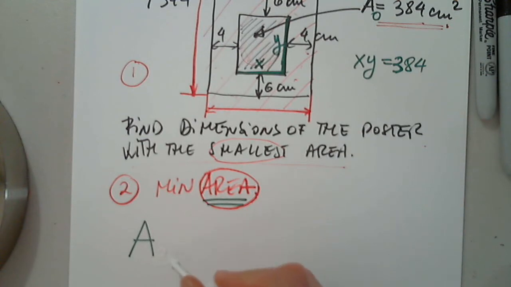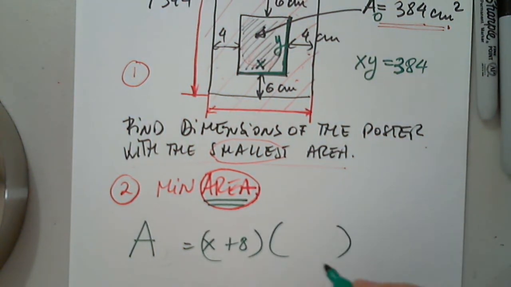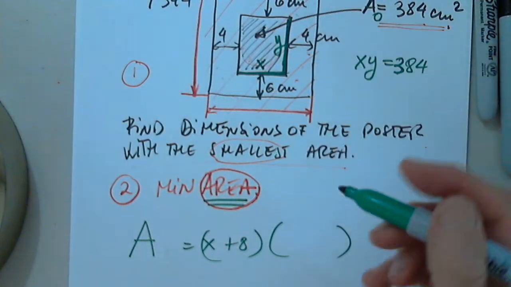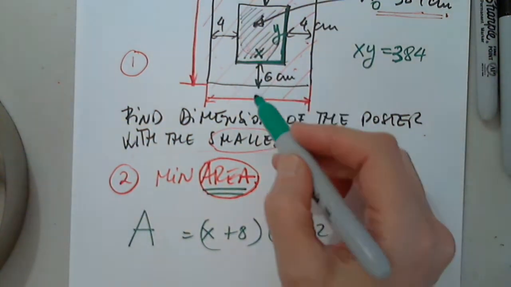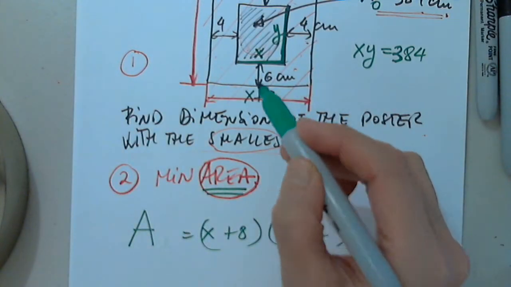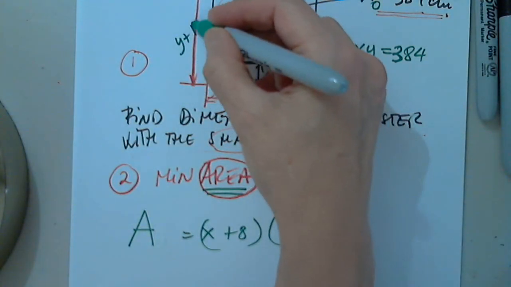So, yes. So X plus 8 times Y plus 12. Very good. That's it. So this is indeed X plus 8, and this is indeed Y plus 12.